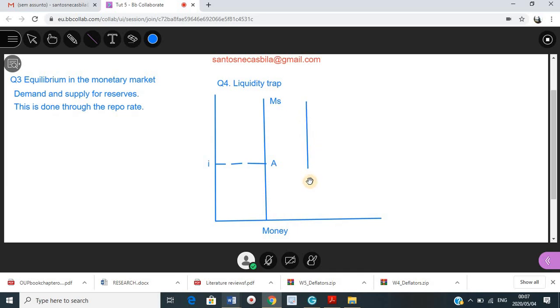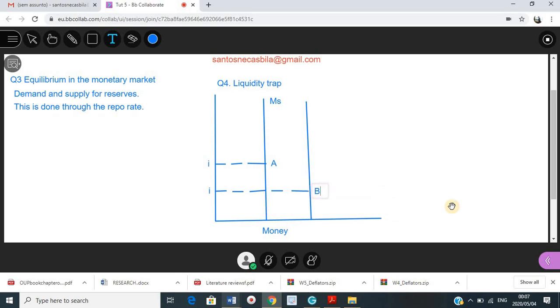Let's suppose this is the first movement, and somehow the interest rate decreases to interest rate 2. But even though, the economy is still in the recession, right? Well, again, I would call this maybe point B.